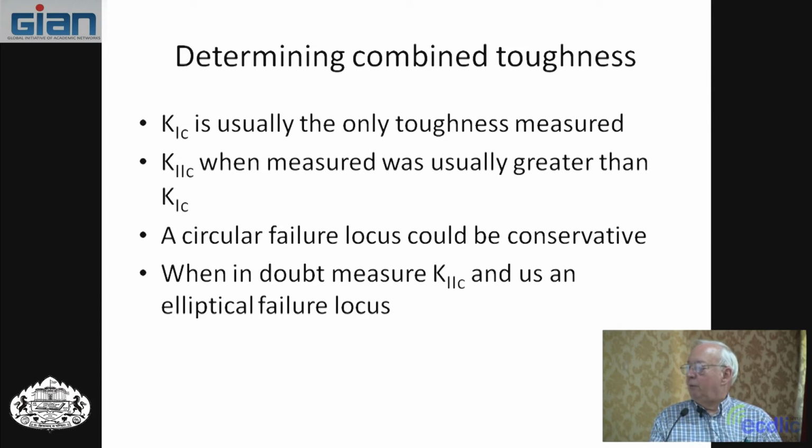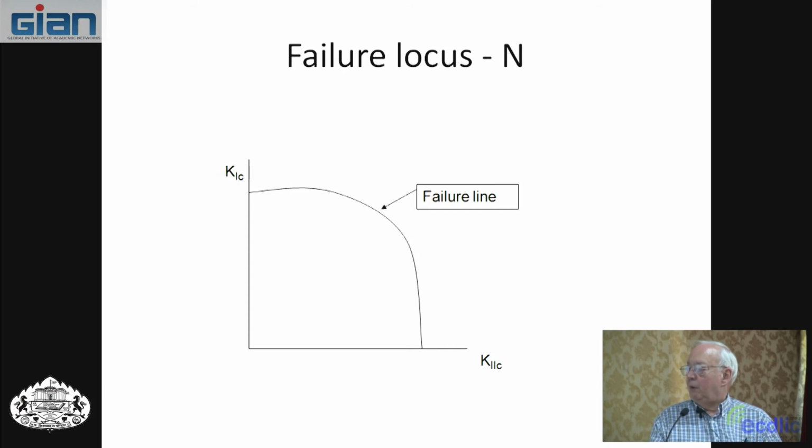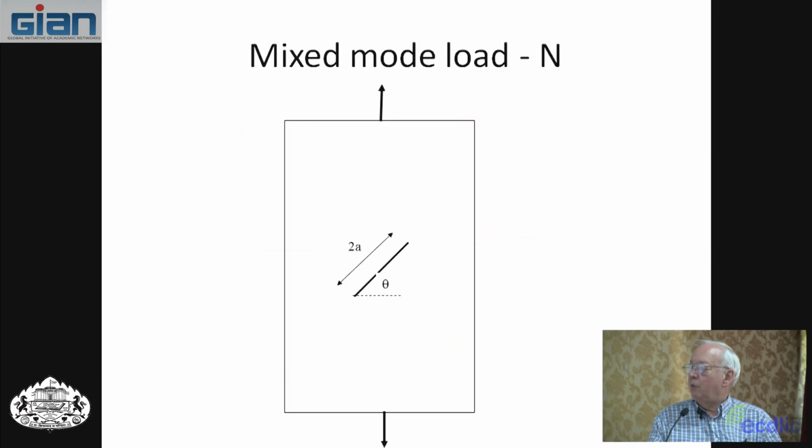The circle failure locus could be conservative. So when in doubt, you can measure K2C and use an elliptical failure line. So you can make this be an ellipse and not a semicircle. But you have to go through that mess to do the analysis for mode 2 loading or anything like that.